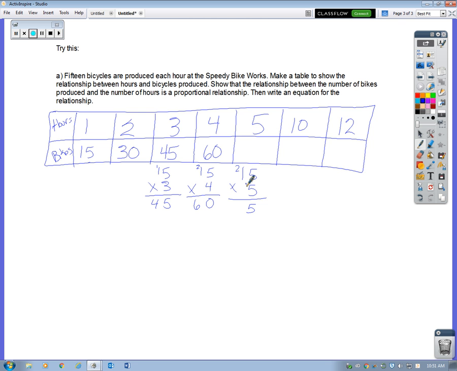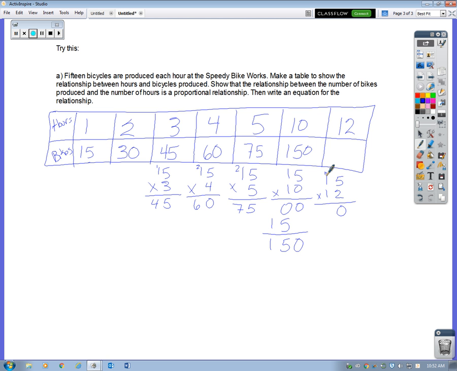Oh, that's the bell. 5 times 1 is 5, plus 2, 7. 75. 15 times 10 is 0, 5, 1, 150, and 15 times 12. 2 times 5 is 10.